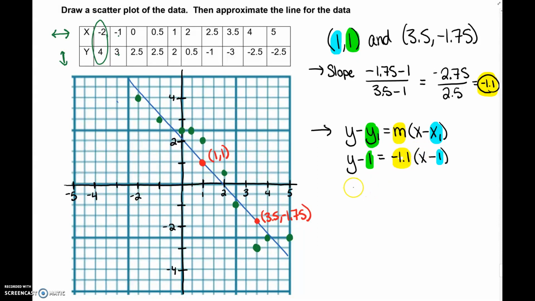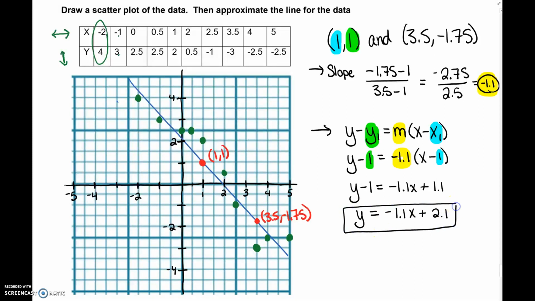So distribute your slope and get y by itself. And that is the equation of the line that you drew that you think best fits the data.